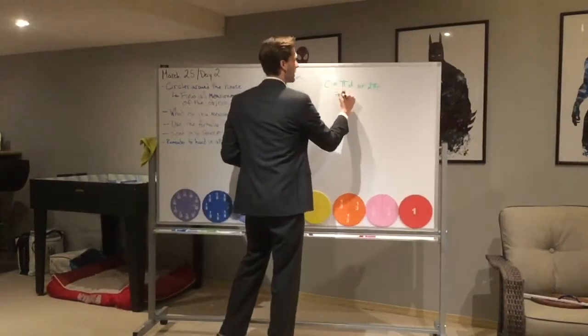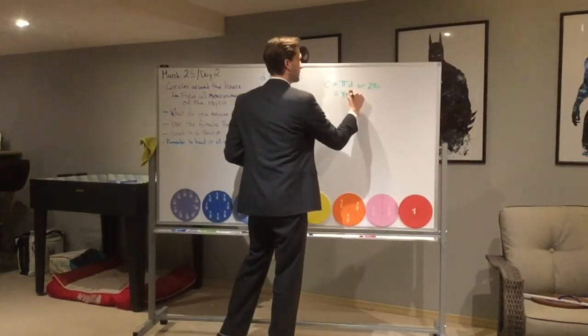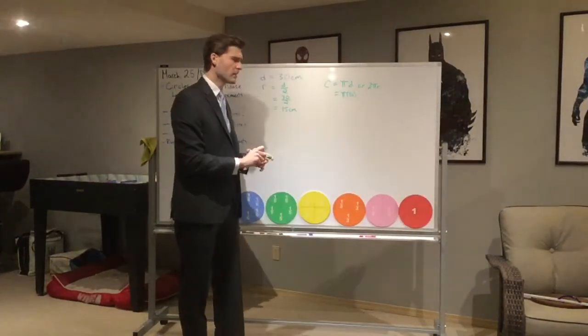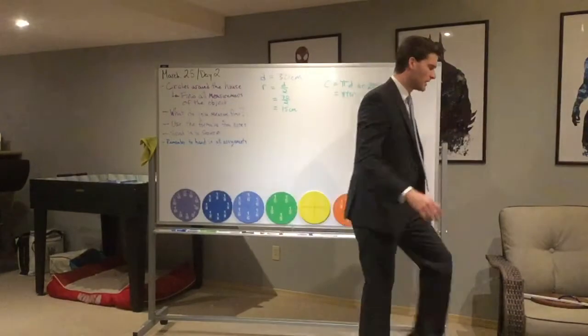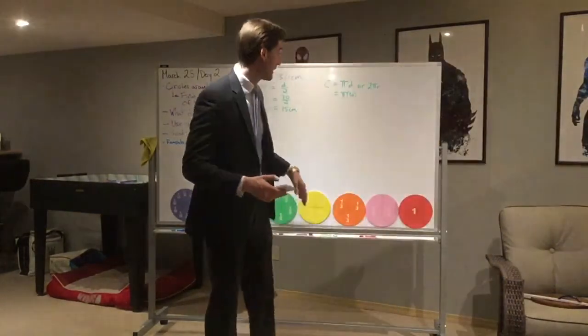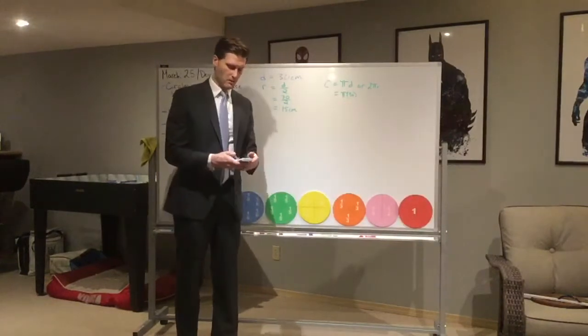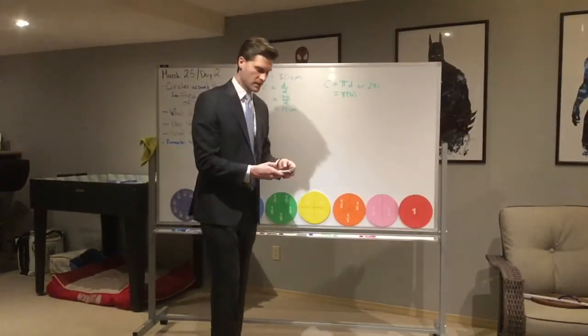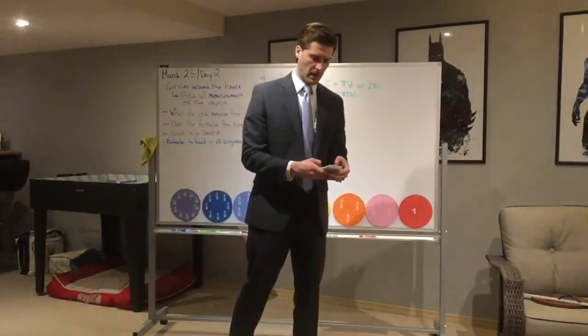I'm going to say pi, and now I know the diameter, so I put it in brackets to show multiplication. Then I'm going to get a calculator, because I want to be as exact as I can. I could say it's just 30 pi, but I'm going to get a decimal number. On my calculator I'm going to say 30 times pi.